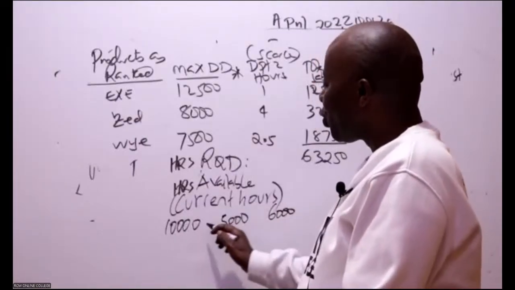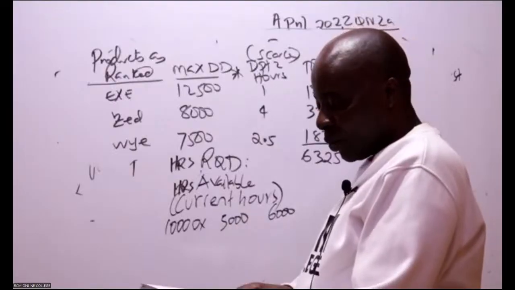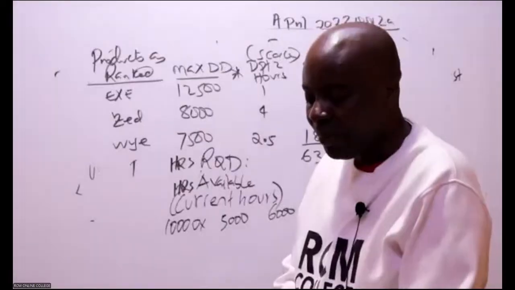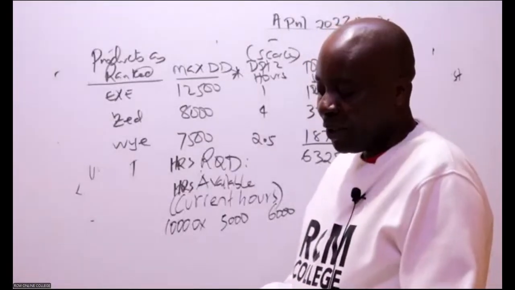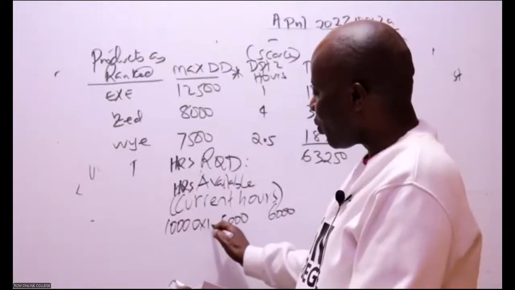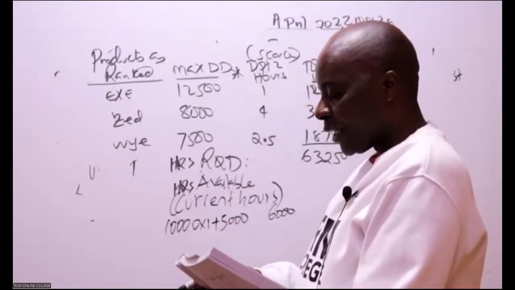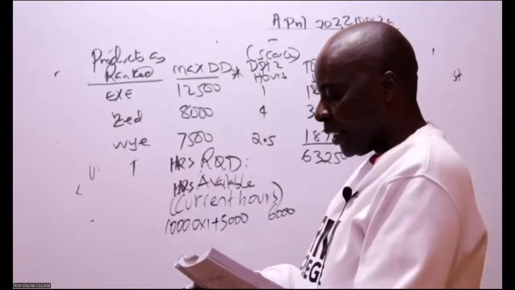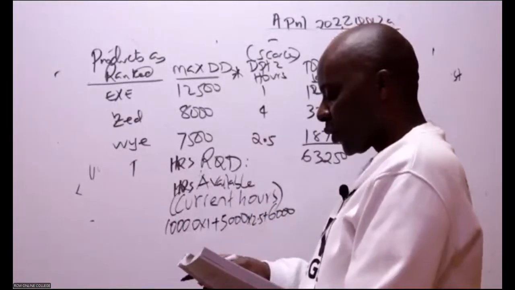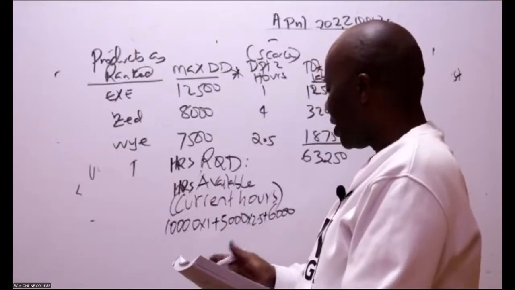So what you need to do is multiply these with the Department 2 labor hours, the ones which are scarce. I'm not concerned with Department 1 and Department 3. So Department 2 labor hours available is 10,000 times 1 plus 5,000 times 2.5 for Y plus 6,000 times 4.